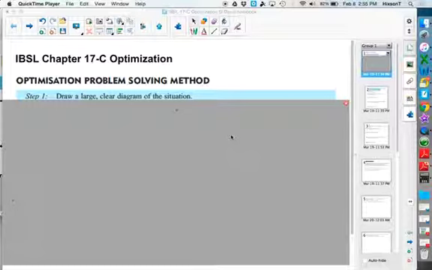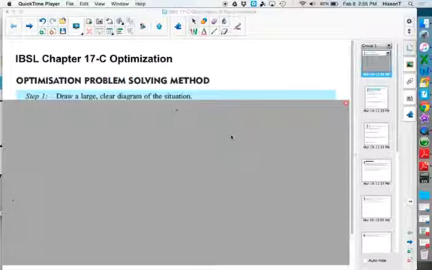Now, I want to just run through a quick method and then model this method for you. It's just a basic problem-solving method that you may have, not this exact one, but you may have used something similar to it in the past as far as the beginning stages, but I want to apply it directly to these optimization problems, okay? Let's try to focus. First thing first, draw yourself a picture.